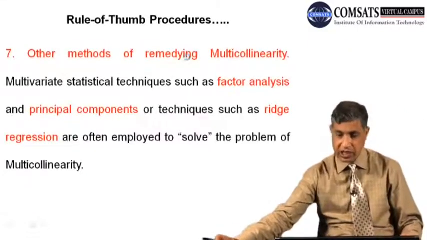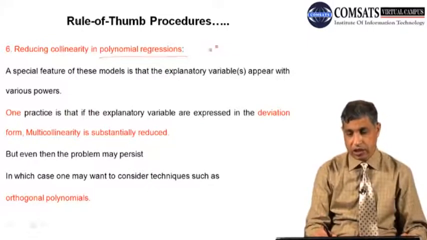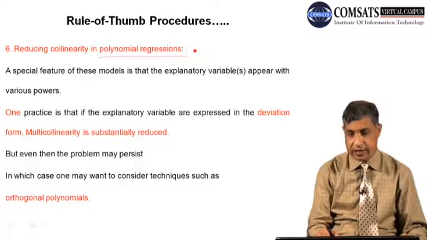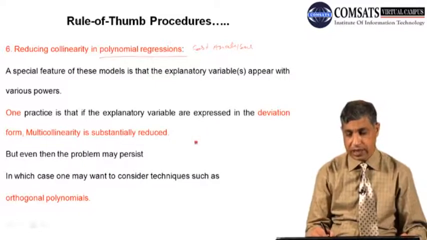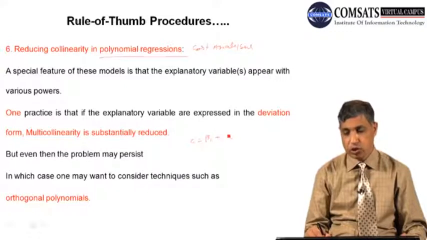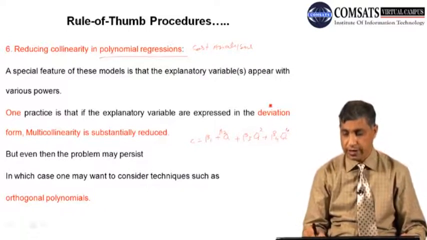For example, in our cost analysis, we put the cost as a function of beta 1 plus beta 2 q plus beta 3 q square plus beta 4 q cubed.